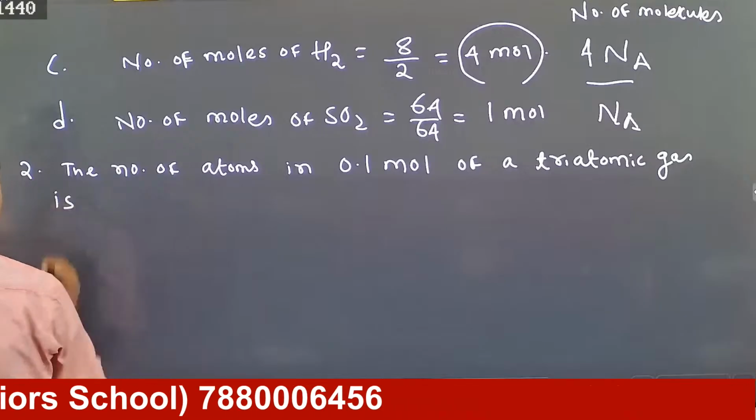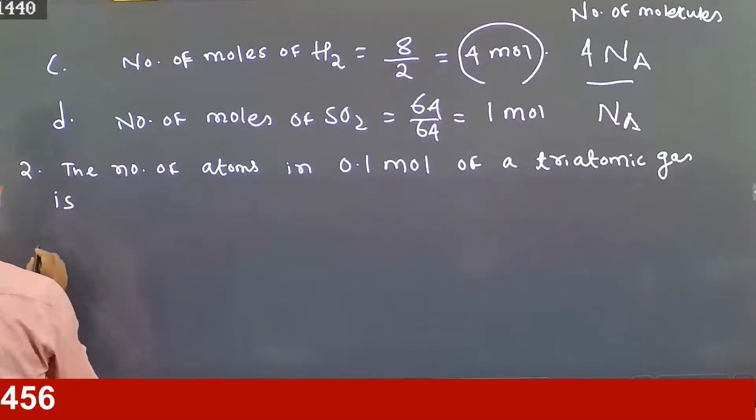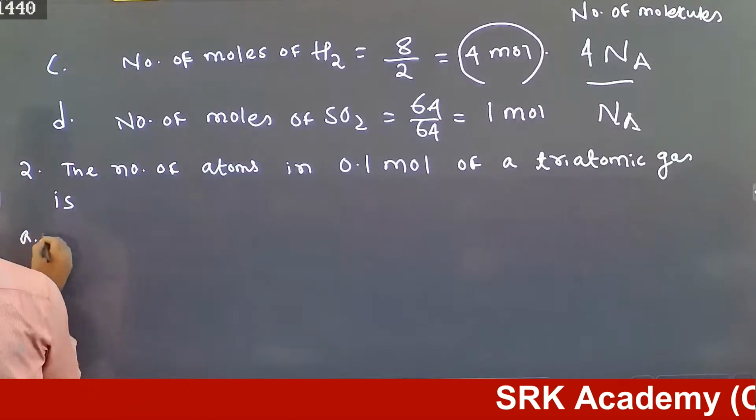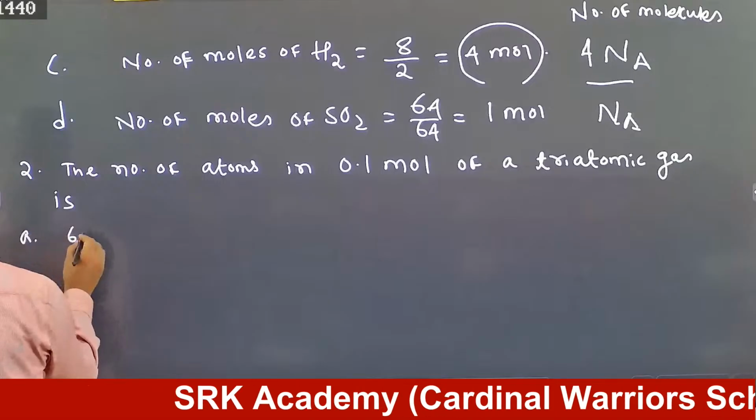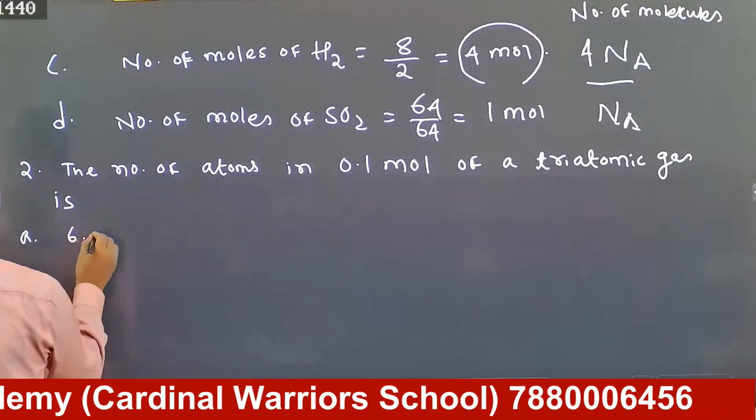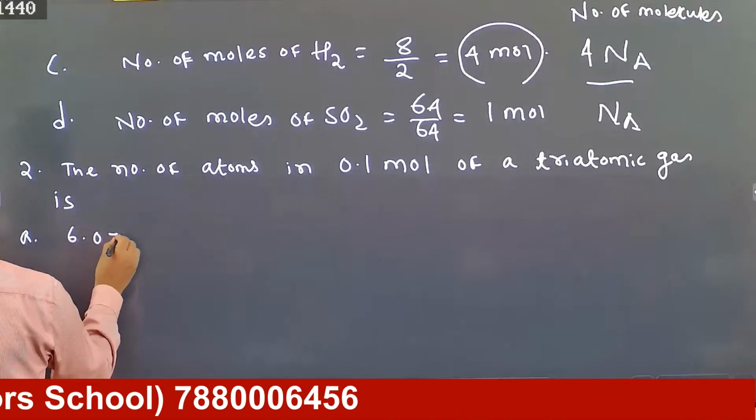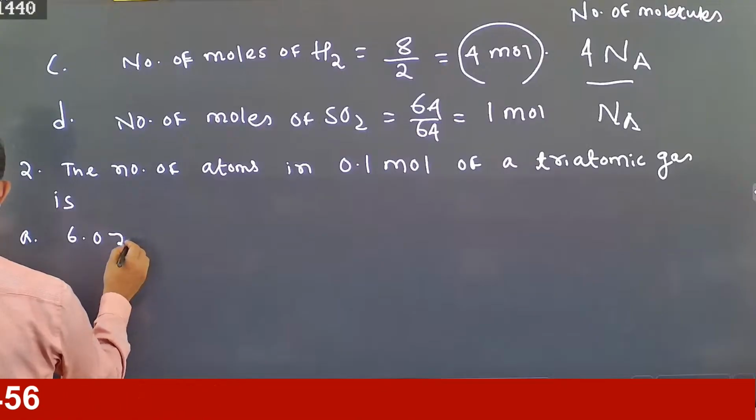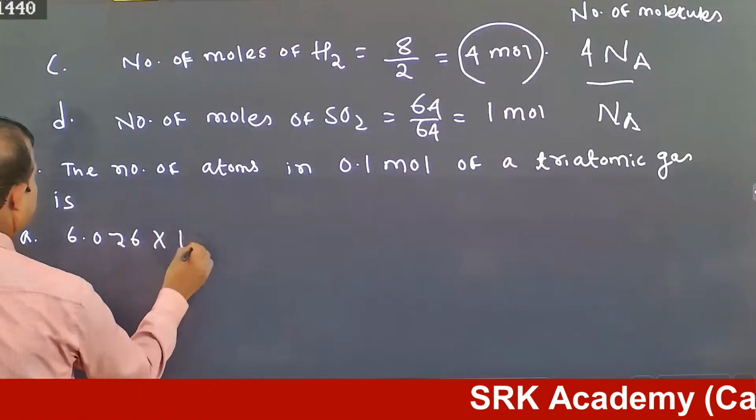The options are: A, 6.022 into 10 to the power 22.